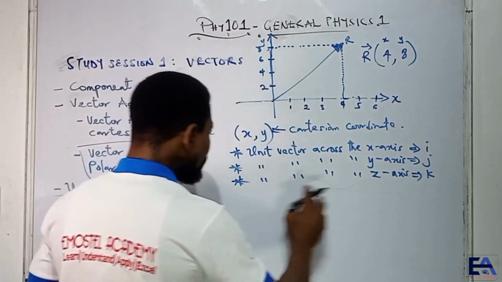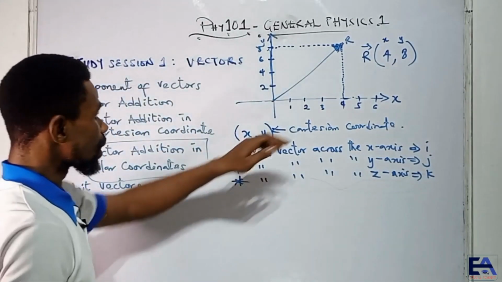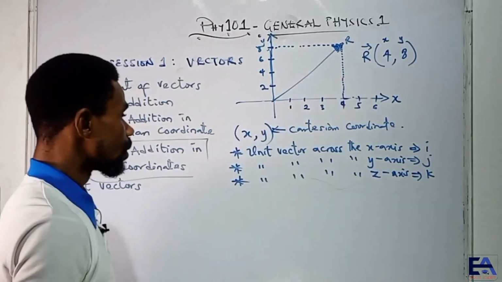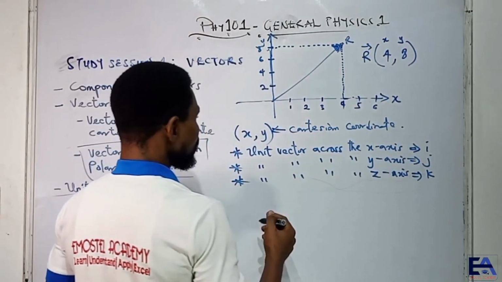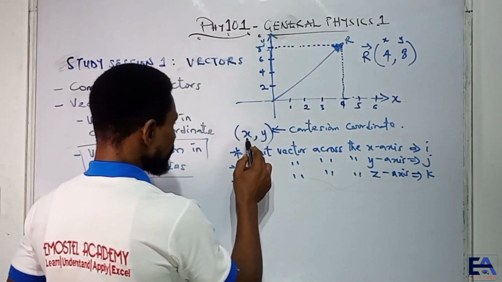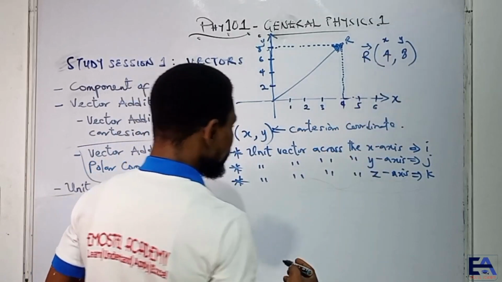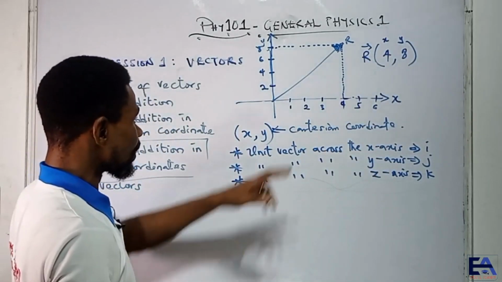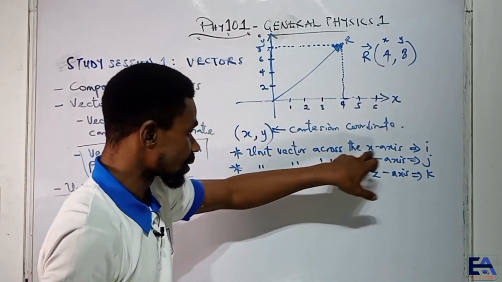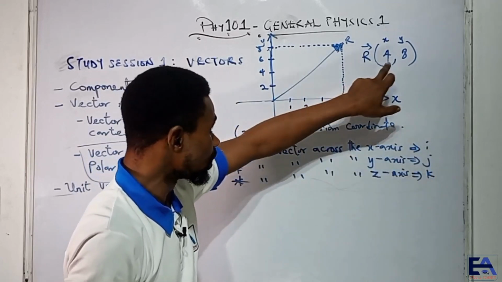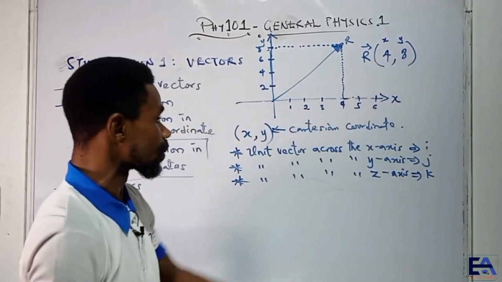If you have it this way, then you can easily represent this same vector. If you don't want to write it this way, instead of saying x and y like we have it here, you can say this vector r is made up of 4 units across the x-axis, where the unit vector is i, and 8 units across the y-axis.